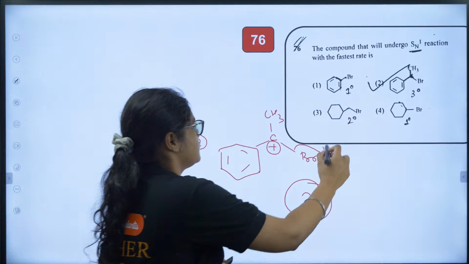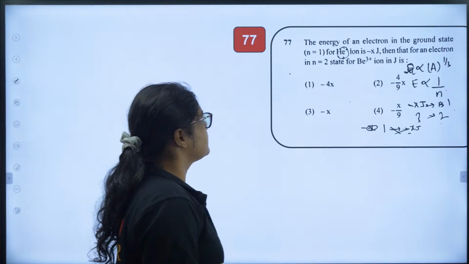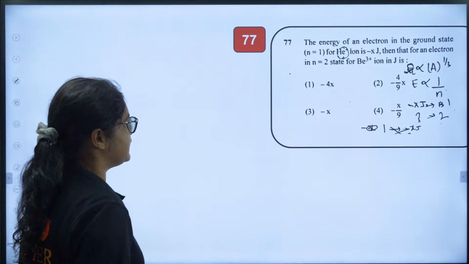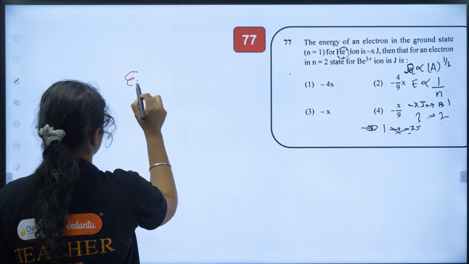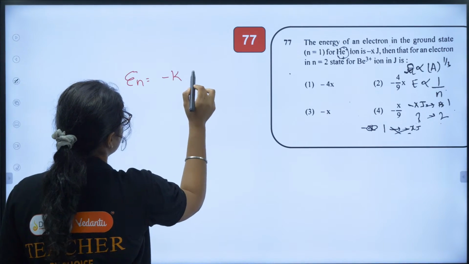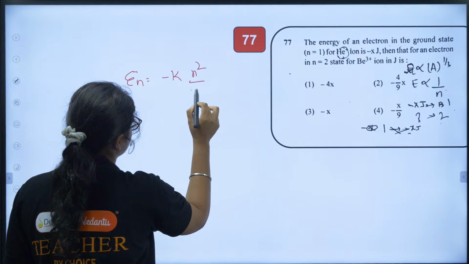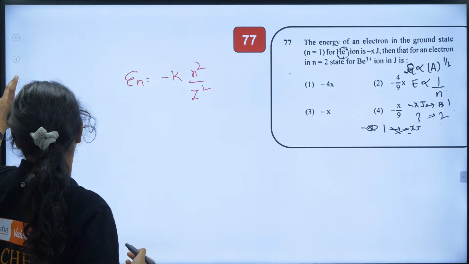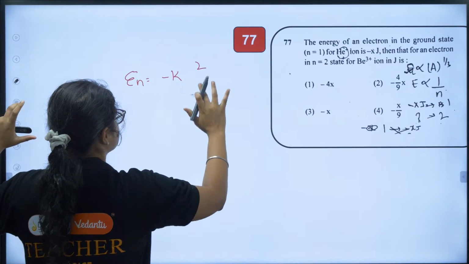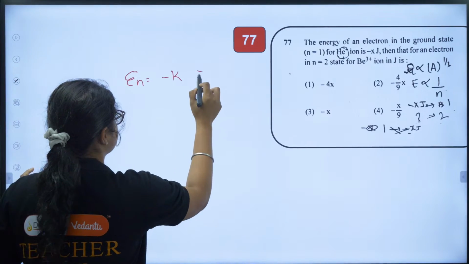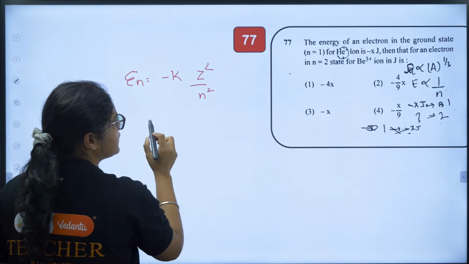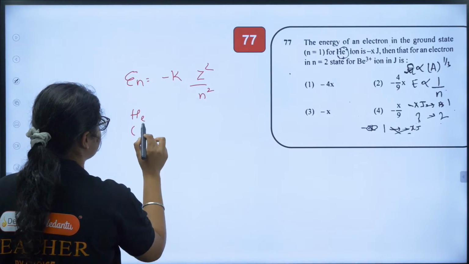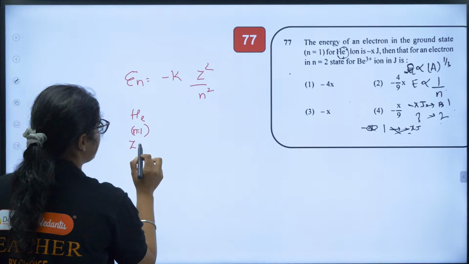Okay. So now let us see the next question. The energy of an electron in the ground state. So we have the formula for energy of an electron, which is minus 13.6 Z square by n square. So we can substitute the values here. For helium, they have taken n is equal to 1 and Z value is 2.